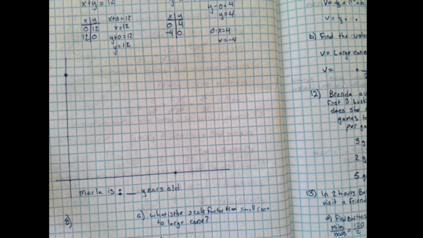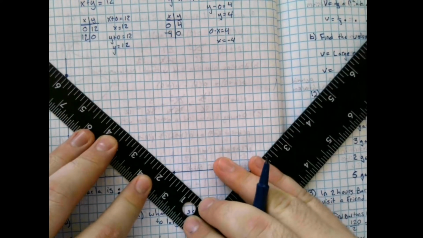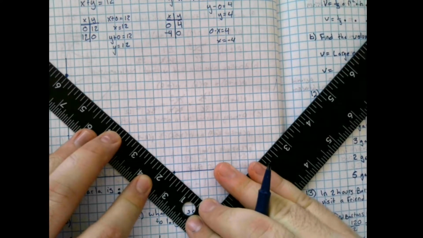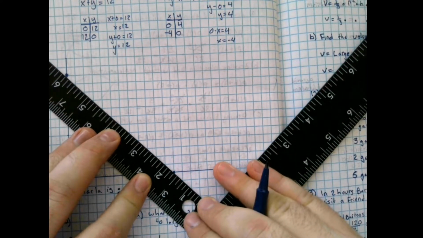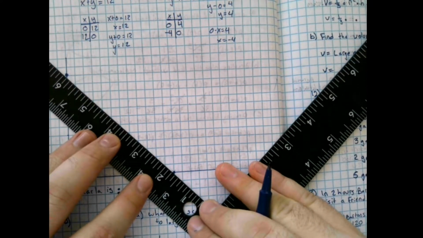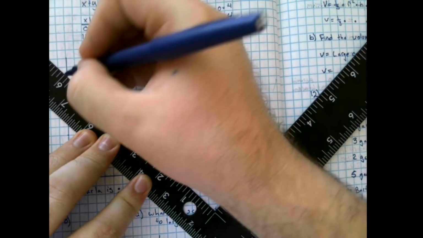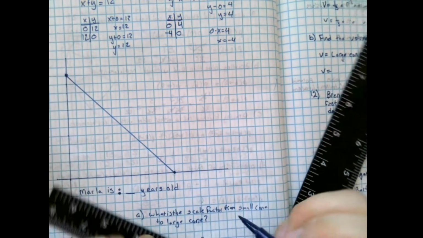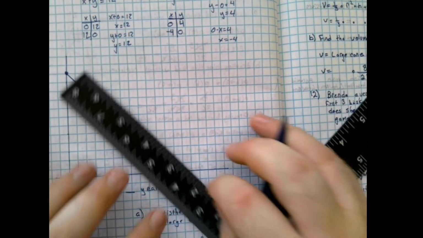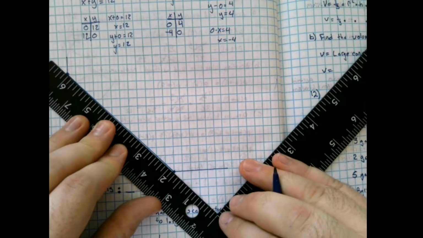When we connect those points using a straight edge, we get this line here. We should probably go through the points, because you never know where your intersection is going to be.